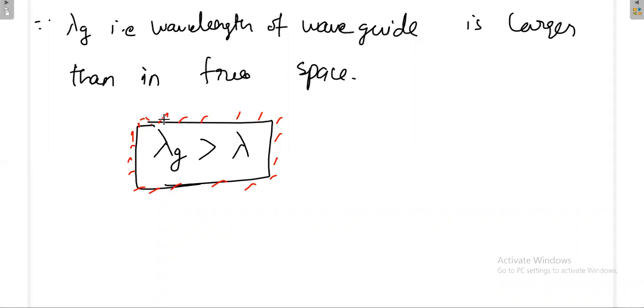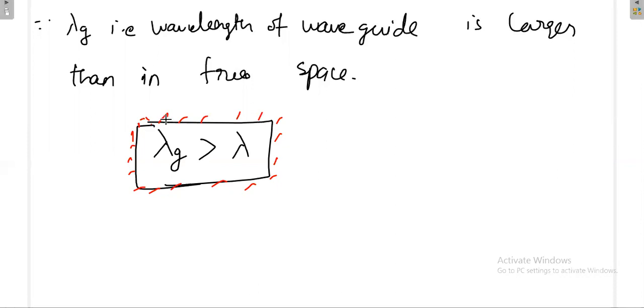Next we will go for the cylindrical waveguide. Again, we will not go into detail. I will directly write the formula needed for the dominant mode, because it involves a lot of equations. Most probably you will get questions on the cutoff frequency of the dominant mode.